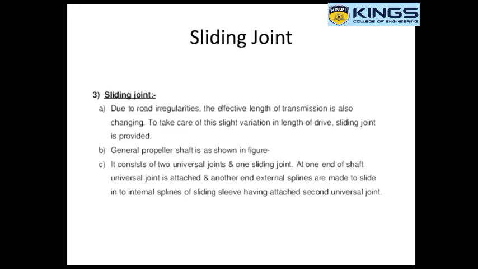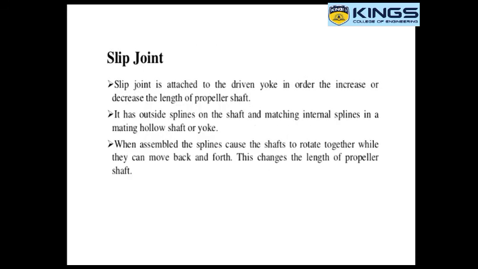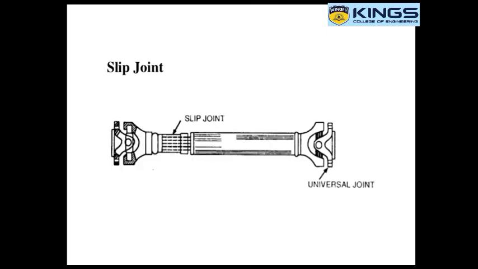Next, the sliding joint or slip joint. Due to road irregularities, the effective length of the shaft is changing. To adjust the length, sliding joints are used. It has outside splines on the shaft and matching internal splines in a matching hollow shaft. This is the photographic view, and this is the line diagram.